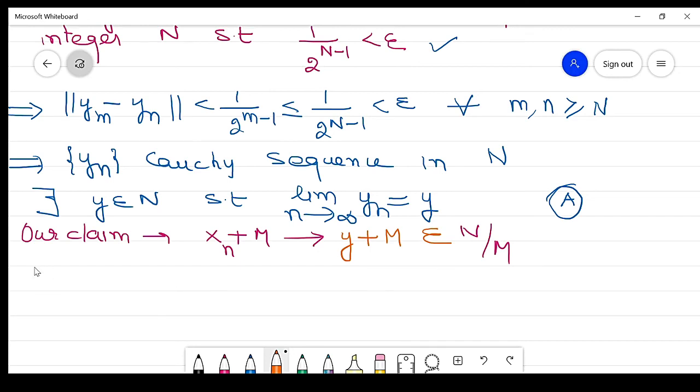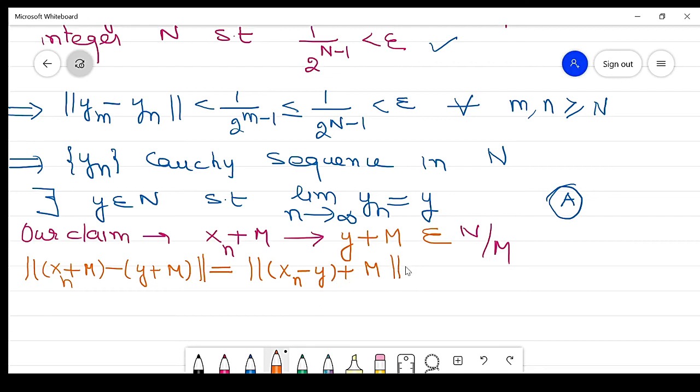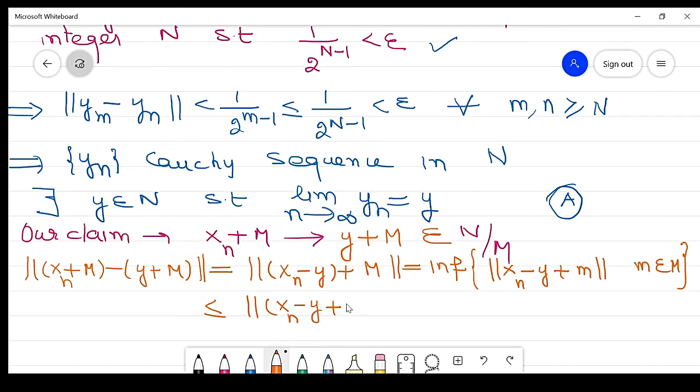So what is this term? x_n plus M minus y plus M. By the addition property, this is the norm of x_n minus y plus M. So by using the definition, this is the infimum of the norm of x_n minus y plus m, where m belongs to capital M, and this is less than or equal to the norm of x_n minus y plus m for every m belonging to M. Now what is x_n plus M?